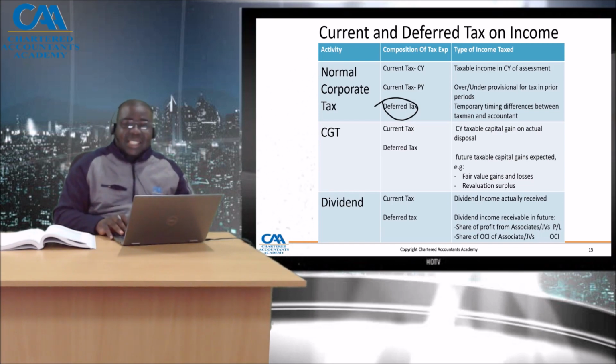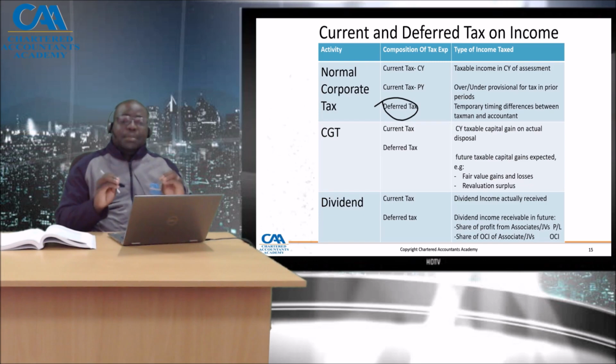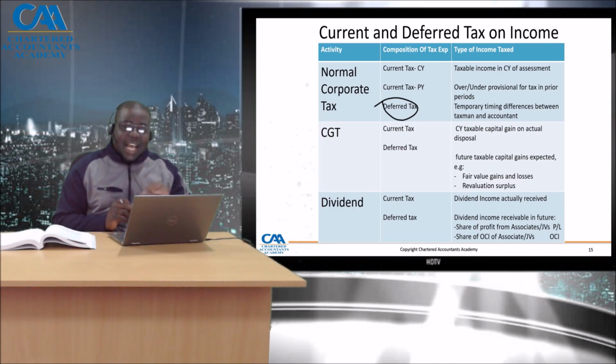The capital gains as well is a little bit simpler, in the sense that if I sell my land today, I should pay ZIMRA right away. So for actual disposals of specified assets, you then have to recognize or calculate current tax.